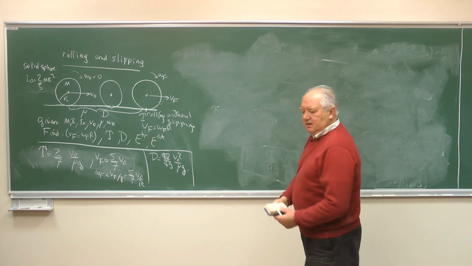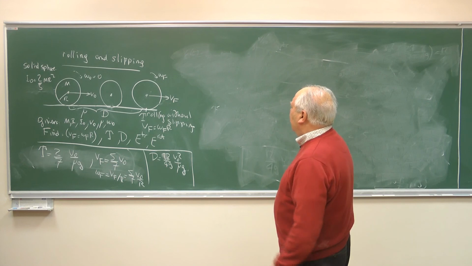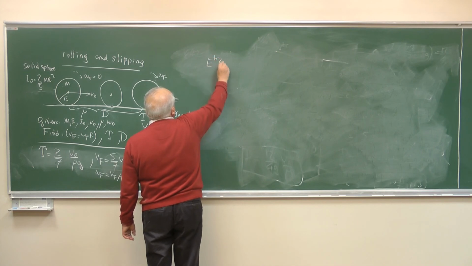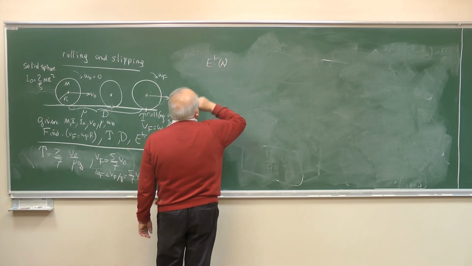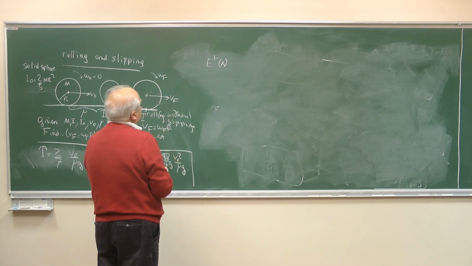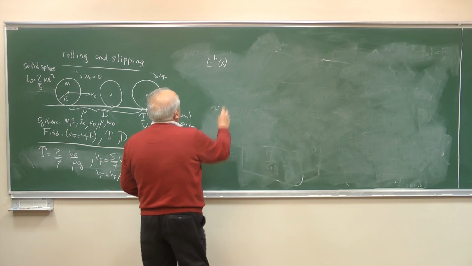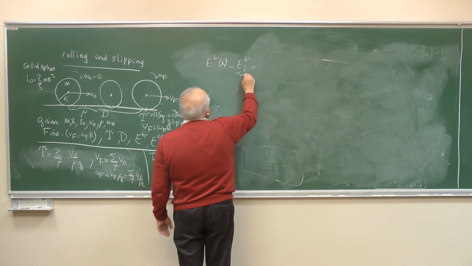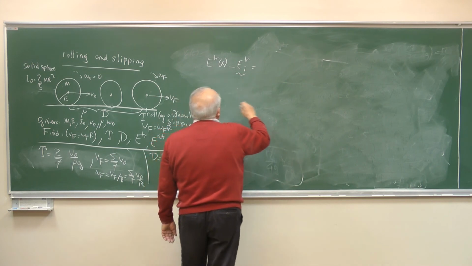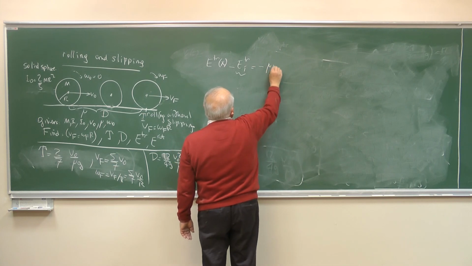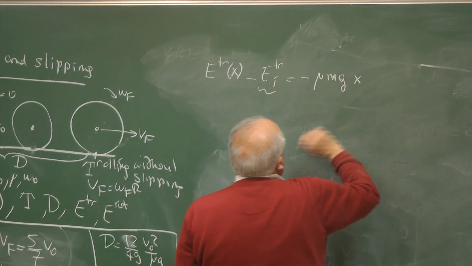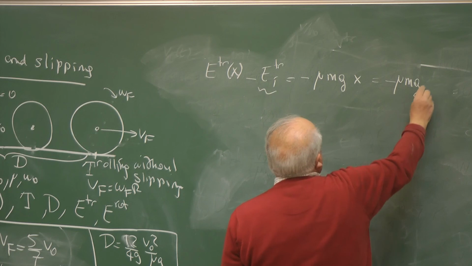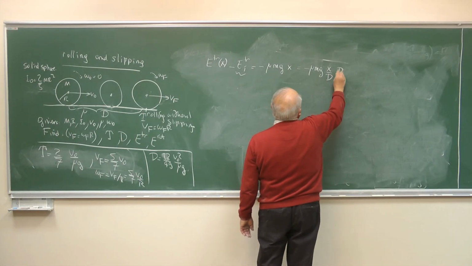Now I am looking at how the E translational at x changes with x from 0 to d. So this is E translational initial, which is 1/2 mv0 square, which we call E0. That's equal to minus mu mg x. But x we can scale with d, so it is minus mu mg x over d times d.